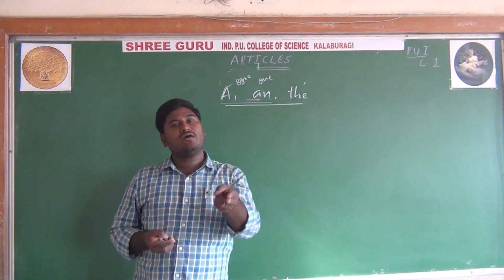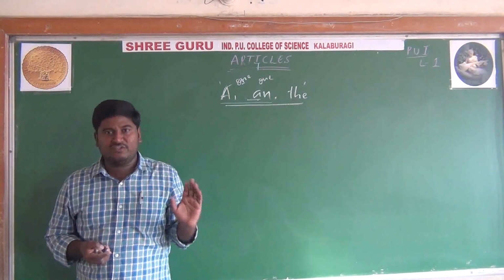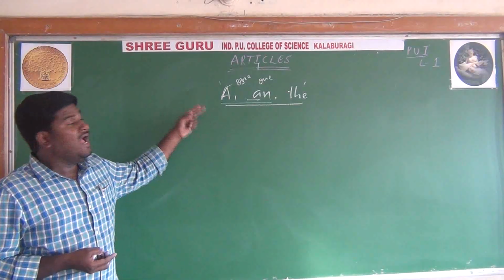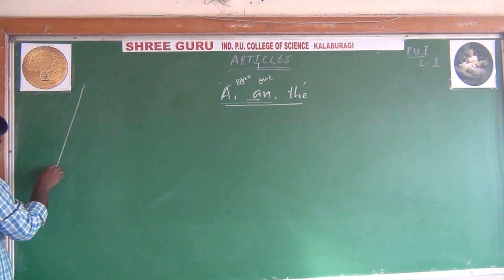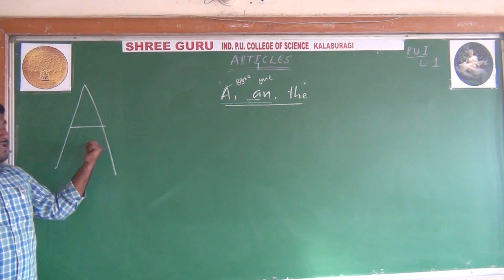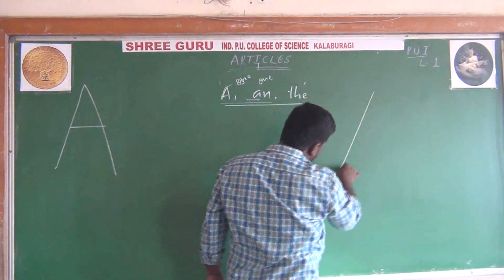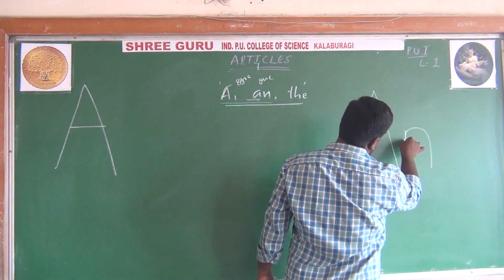If you are talking about a noun or a thing which is not certain, which is not definite, then we should use a.